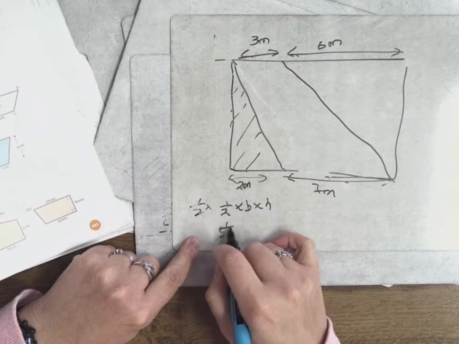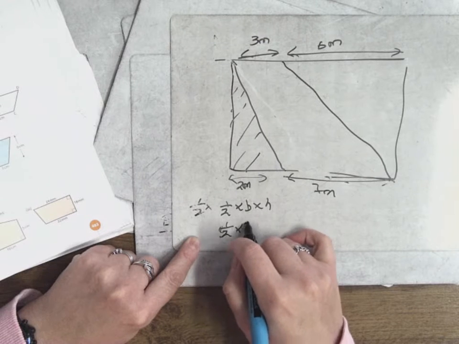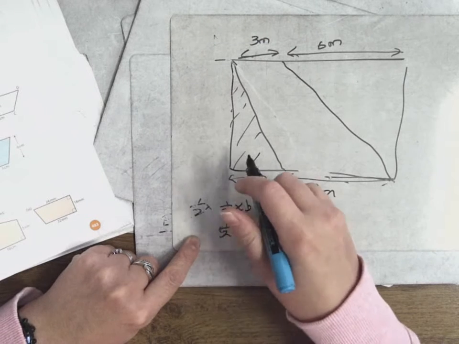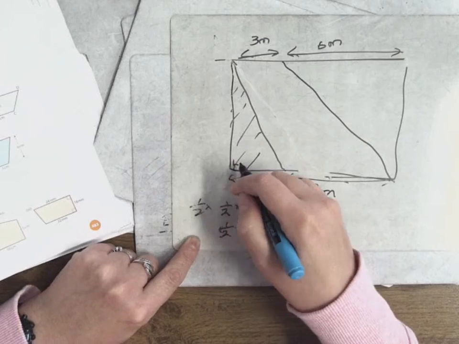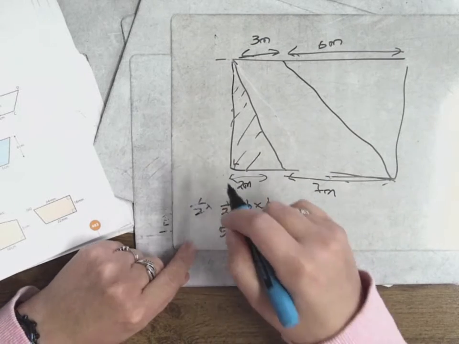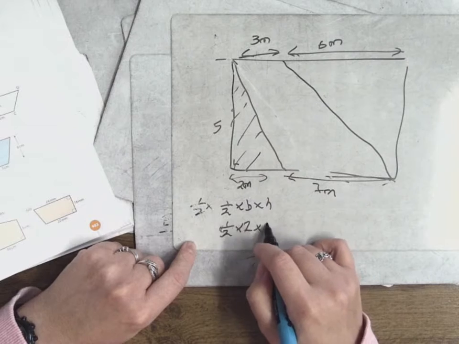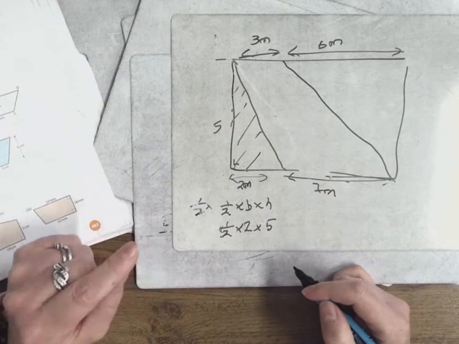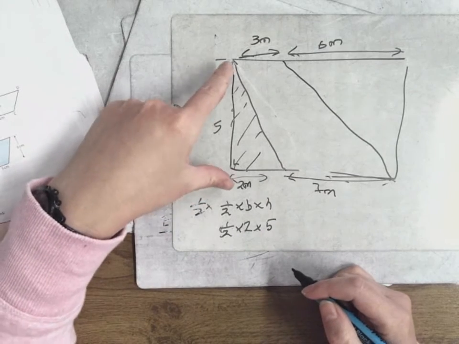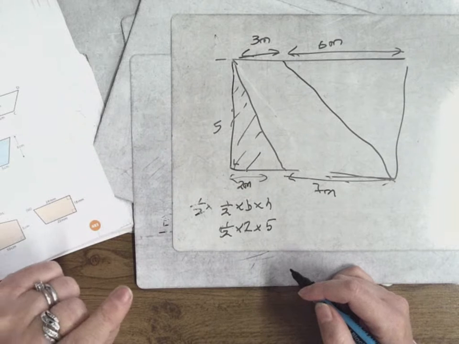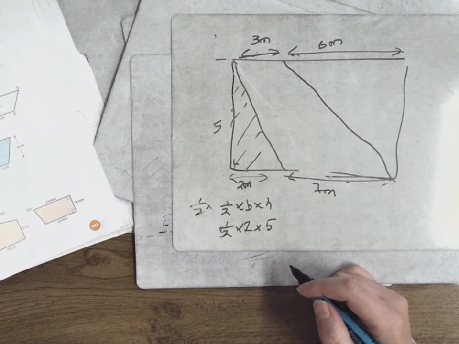I've just figured out the base measures 2, and because it's a right angle triangle, which they told me with a little symbol, and they told me the height was 5. They gave me that also. So for a right angle triangle, the height is actually one of the sides. That only holds true for a right angle triangle.